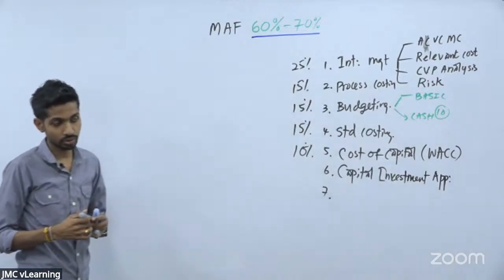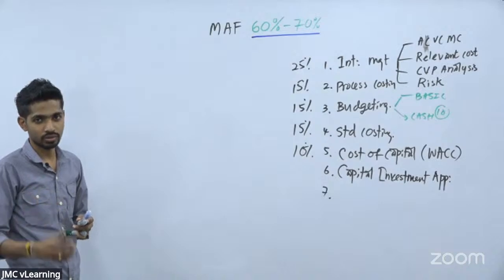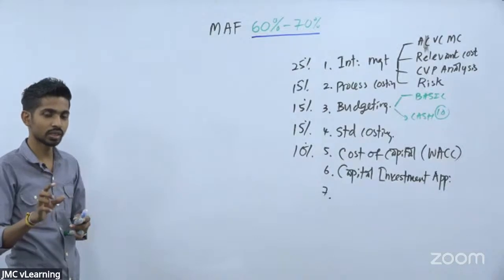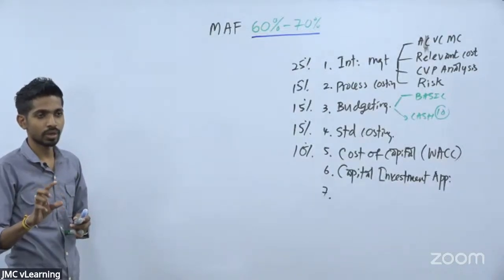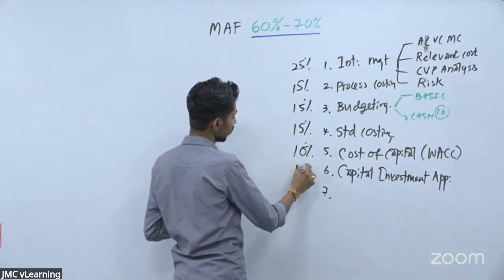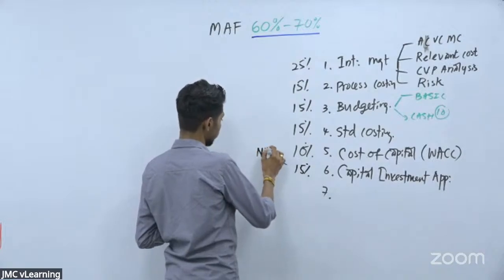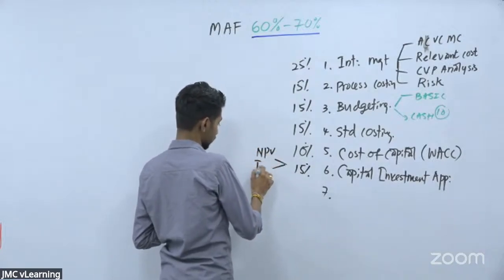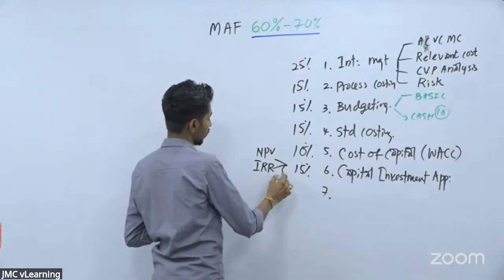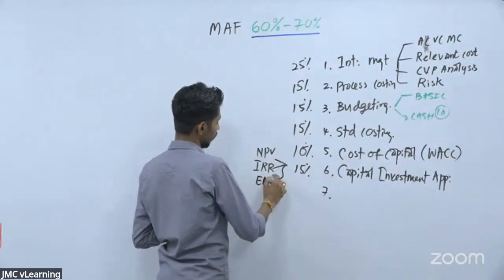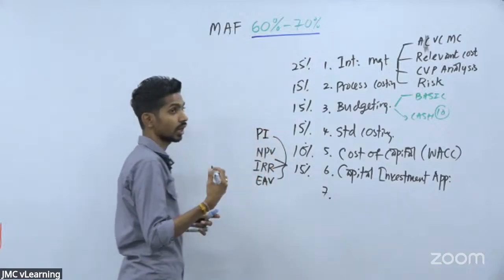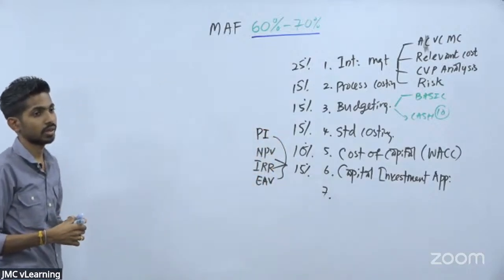Generally, the majority of students call this the NPV question. Keep in mind, this topic is not only NPV; the problem is that this topic consists of a few other topics as well. This is also 15%. NPV is the basic, major item. Thereafter, sometimes the examiner has tested IRR, EAV, and profitability index. Those areas have already been tested.